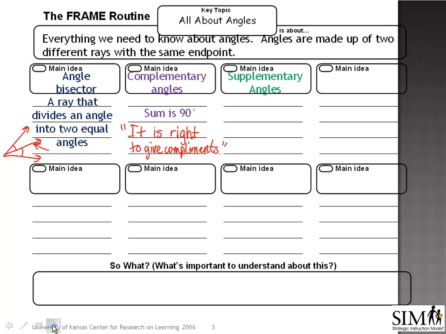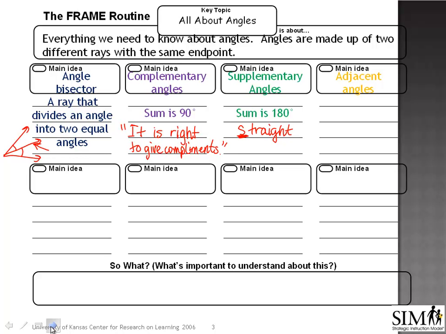Our next main idea is supplementary angles. Supplementaries, their sum is 180 degrees, so they add up to 180 degrees. And I think of supplementary with the S, just like straight. Supplementary and straight both have S's and they're both 180 degrees.